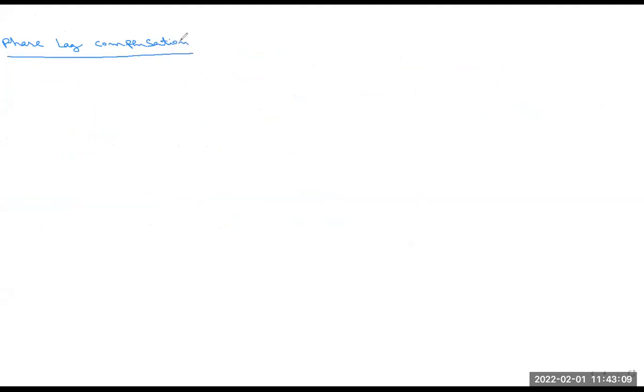So this phase lag compensation circuit is another compensation design in our control system. This system, which has one zero and one dominating pole, is also part of our lag network circuit.